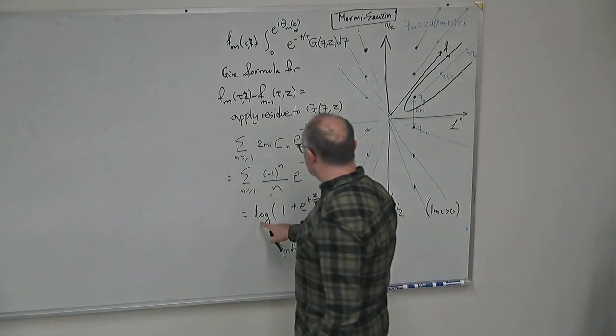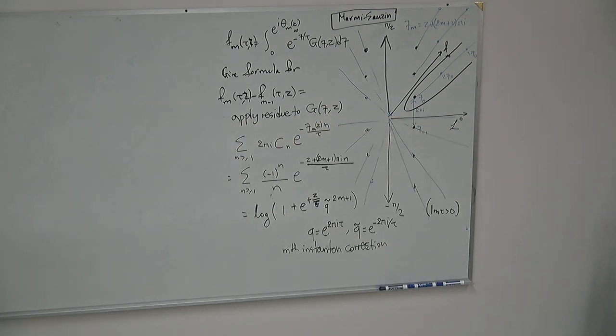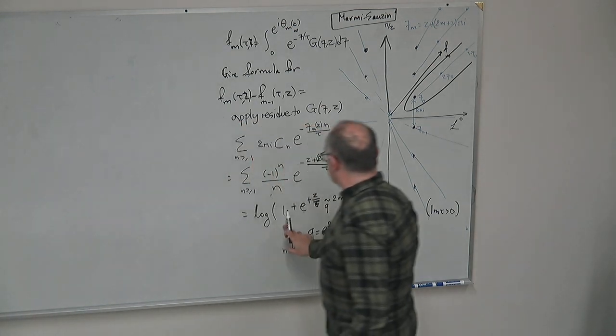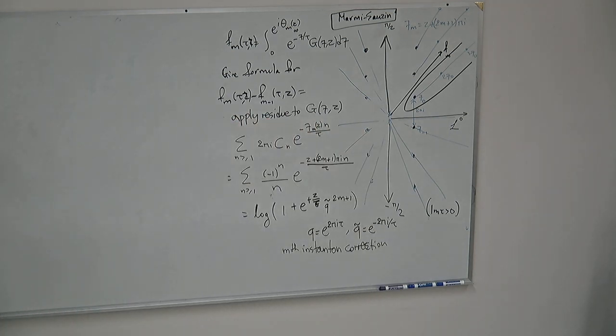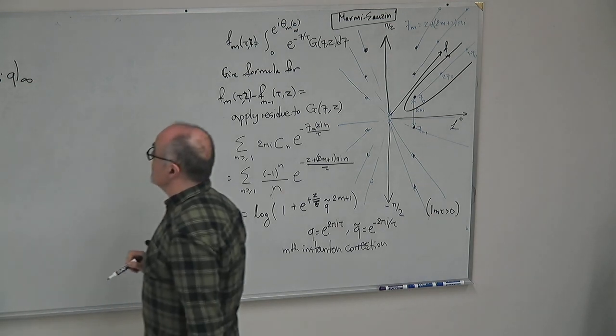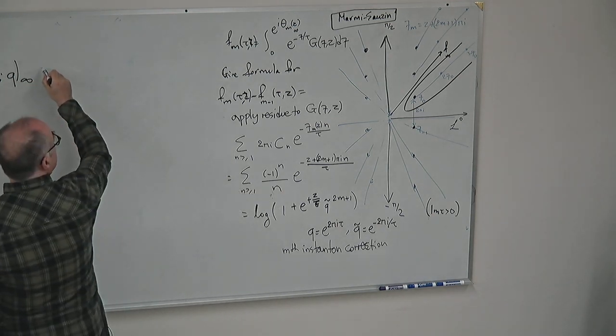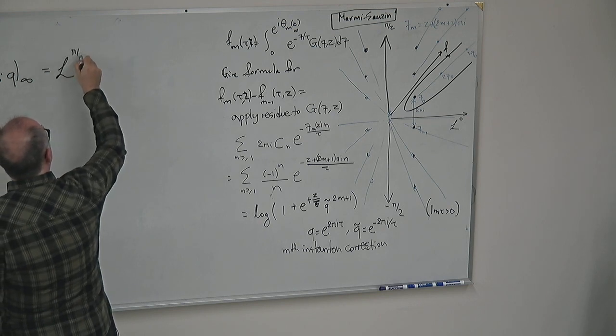So if you remove from the log of this the sum of the logs of this, what remains is the log of this, e to the z q infinity. What remains is the Laplace integral. This is the Laplace integral in the pi over 2 direction.